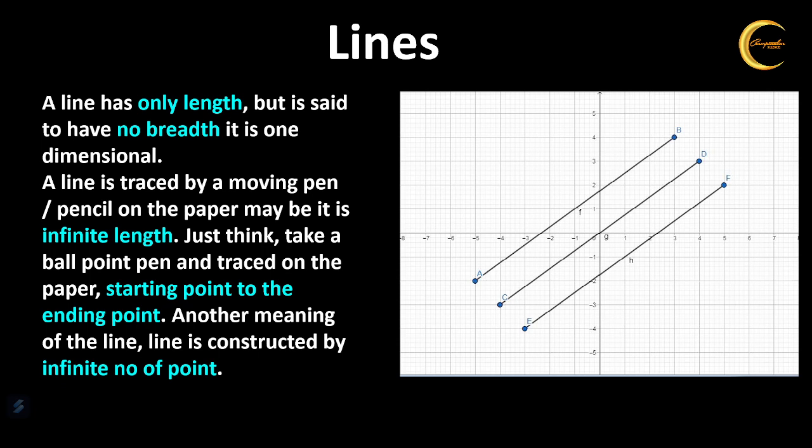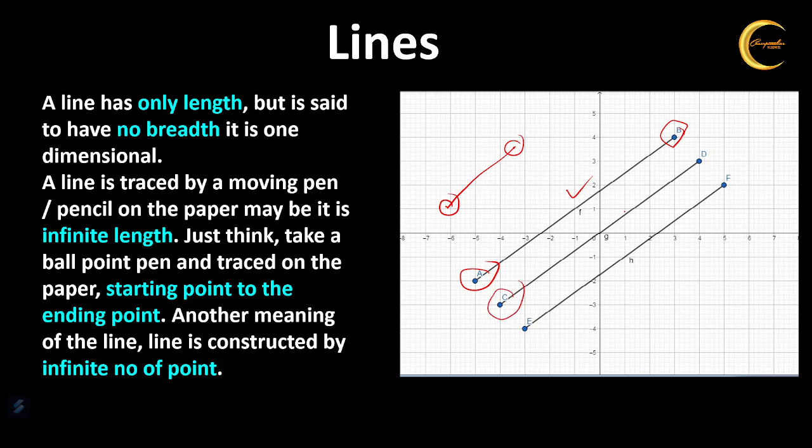Just think, take a ball pen and trace on the paper; the line has a starting point and an ending point. Here I have represented point A and point B, and I have joined them, and this is called a line.